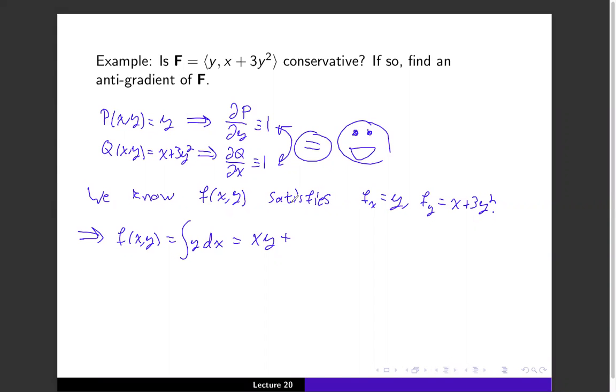It will be some arbitrary function of y, which I'm going to use the Greek letter phi to denote. So f of x,y is x times y plus some arbitrary function of y. The important point here is that phi is a function of y alone, not of x, just y.